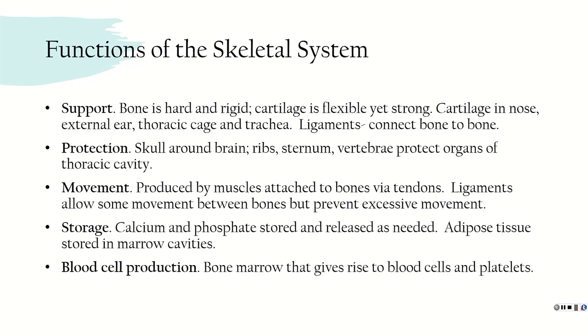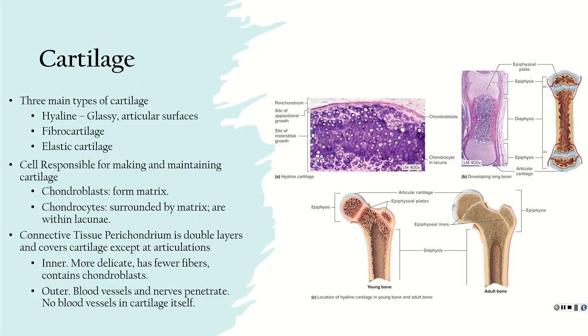So it's there for support, protection, movement and storage, and cell production, which were the minor ones I mentioned last time, the ones we don't really think about, but they also are of vital importance for proper functioning of the human body, for storing calcium and phosphates, and as well as producing bone, blood cells, and other things.